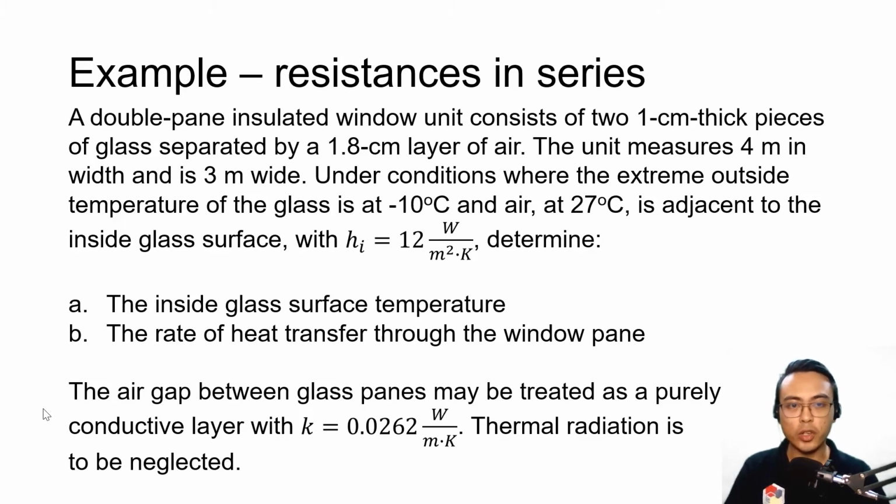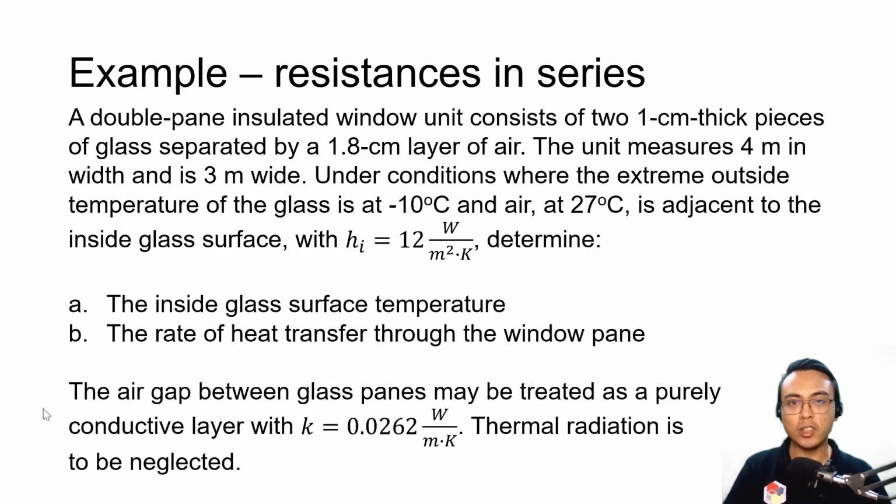Under conditions where the extreme outside temperature of the glass is at negative 10 degrees Celsius and air at 27 degrees Celsius is adjacent to the inside glass surface, with H sub I equal to 12 watts per square meter per Kelvin, we want to determine the inside glass surface temperature and the rate of heat transfer through the window pane. The air gap between glass panes may be treated as a purely conductive layer with K equal to 0.0262 watts per meter per Kelvin, and thermal radiation is to be neglected.